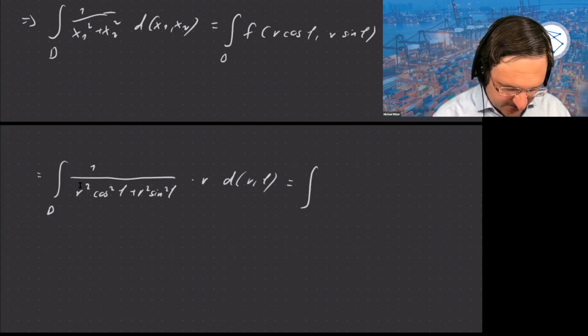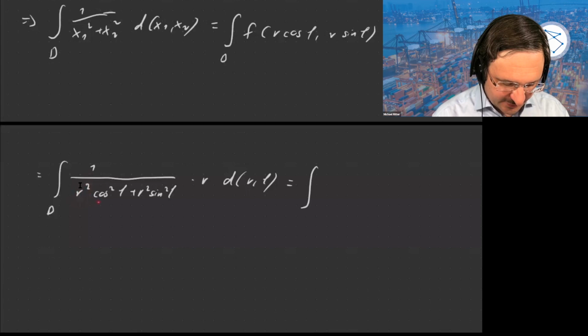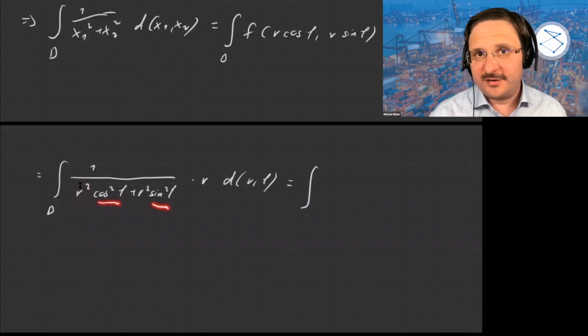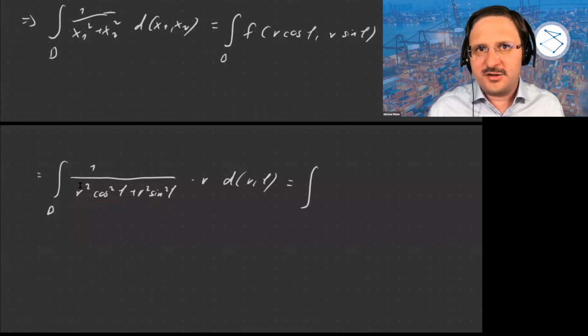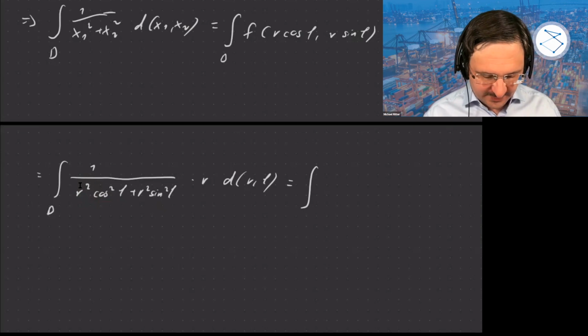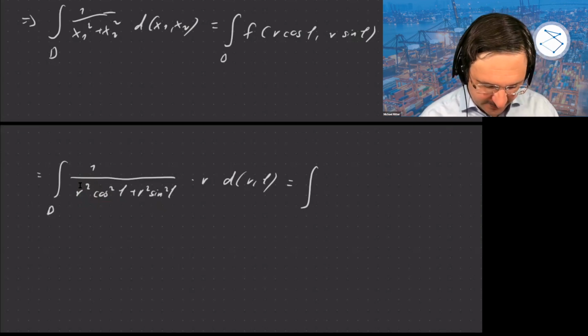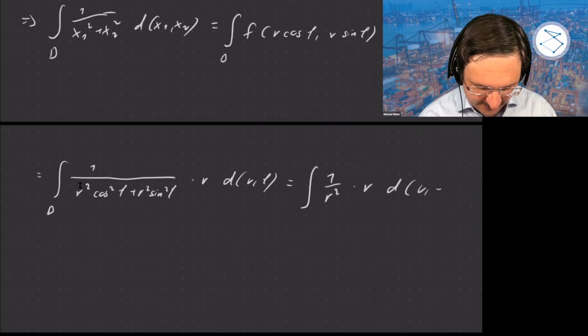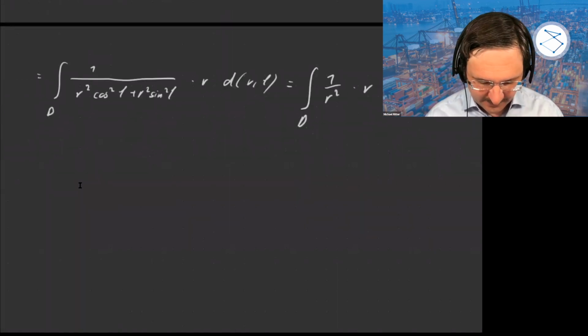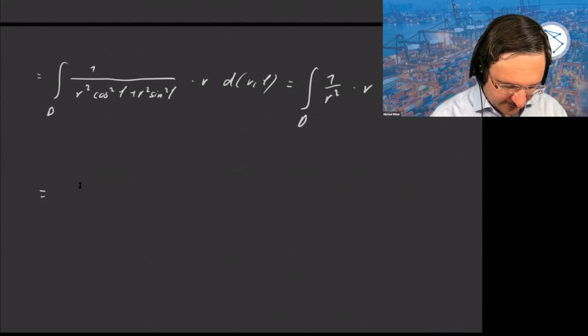So this expression here, that's r squared times cosine squared plus sine squared. So again, cosine squared plus sine squared is 1. So we get 1 over r squared times r dr dphi. And that leaves us with the function 1 over r to integrate.